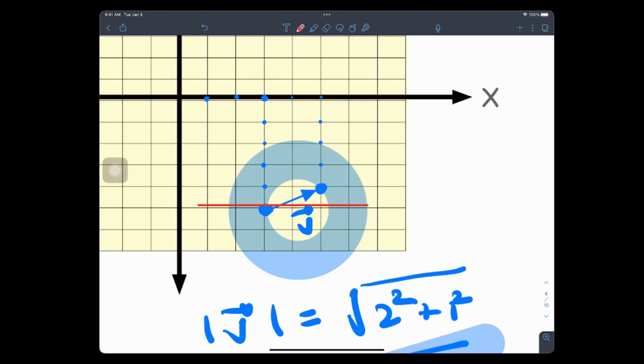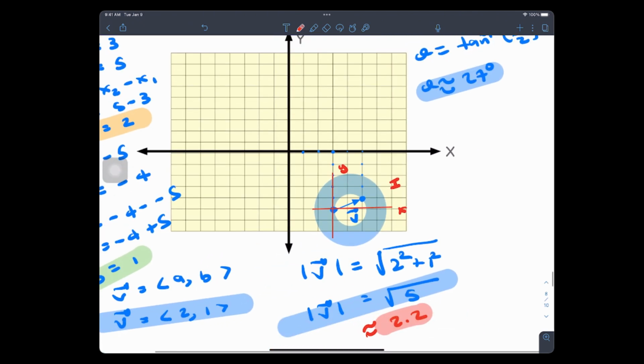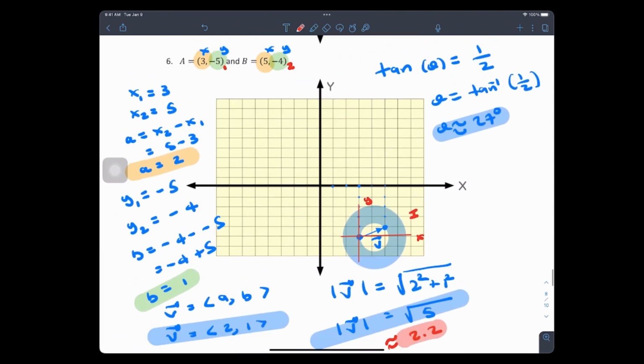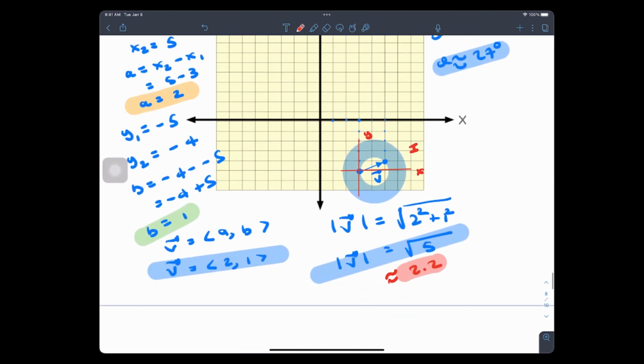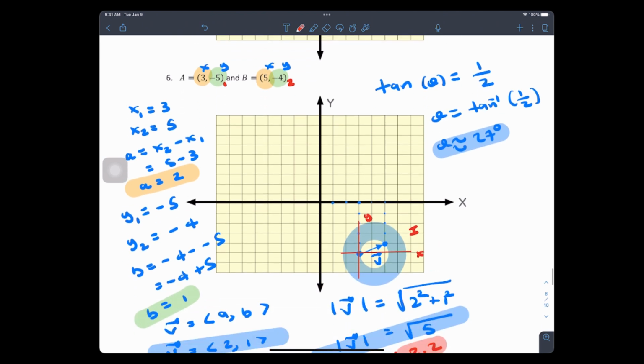If I can draw your x-axis and your y-axis, this is quadrant 1. You want to make sure that makes sense. It's a quadrant 1 angle, 27 degrees. But you're not always going to have a special triangle, especially with vectors. That's why you get to use your calculator. But the idea, ladies and gentlemen, is to be aware of that inverse tangent. And we did work with this stuff even with calculators.